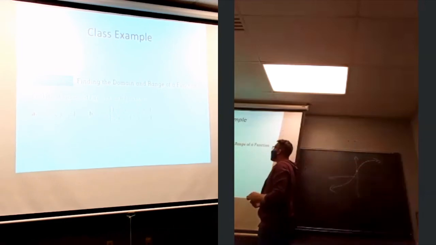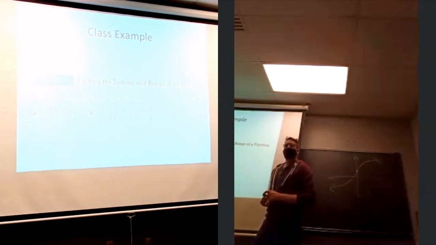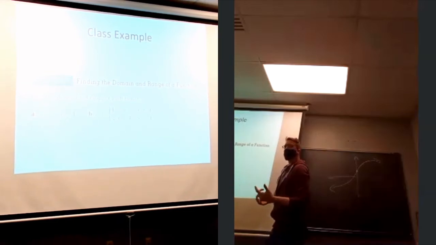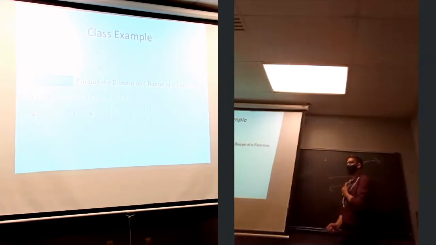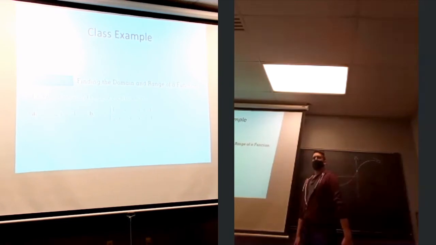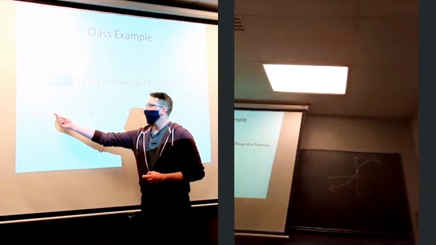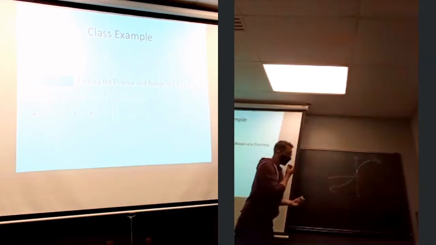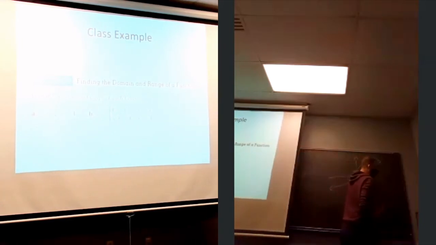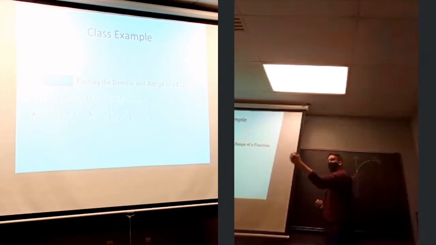Having said that, how would we find the domain and range of a function? What might we do here? Well, the first thing that would be nice to know is where this square root can take on x values, right? A square root can only take on x values that are 0 or greater.